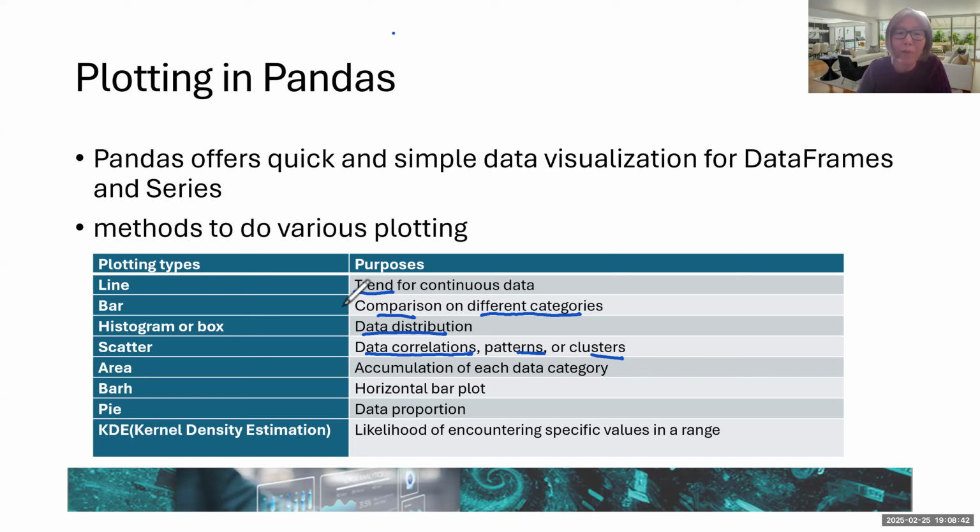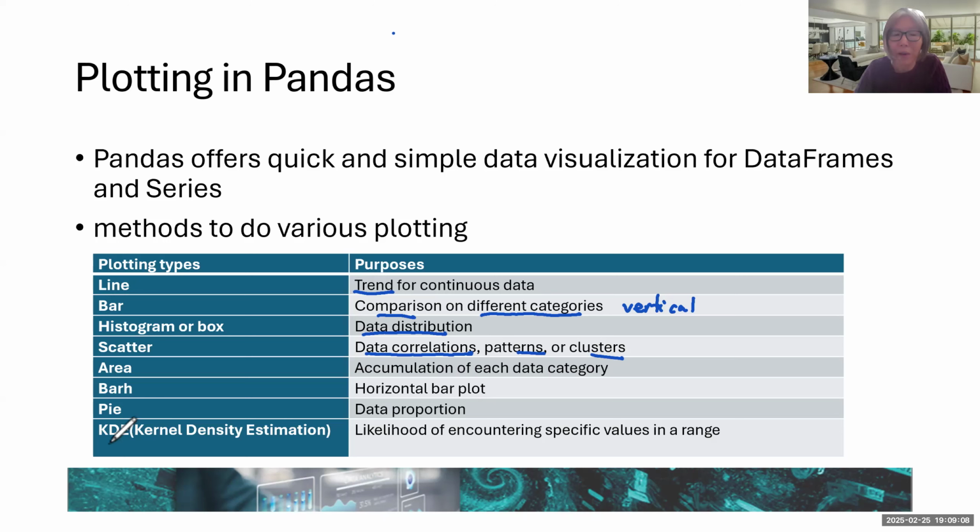For bar, this bar itself is vertical. But a lot of the time we also want horizontal. For a horizontal bar plot, it's barh. And there is another type called pie. Pie shows data proportion, so it reveals the proportion.